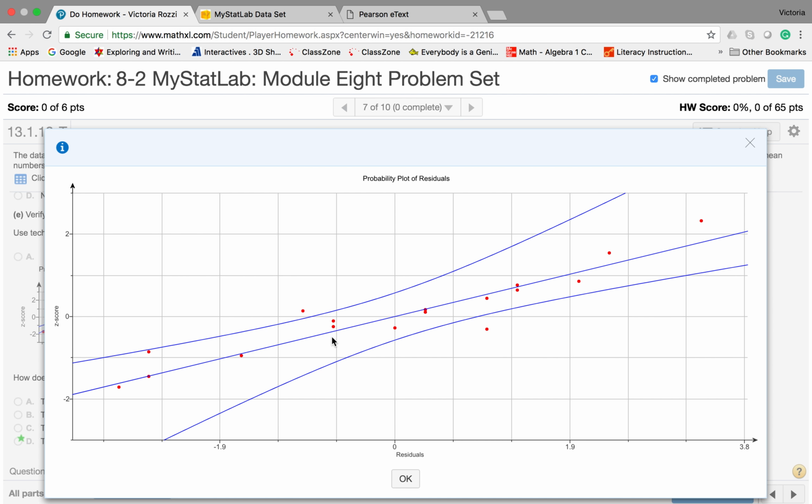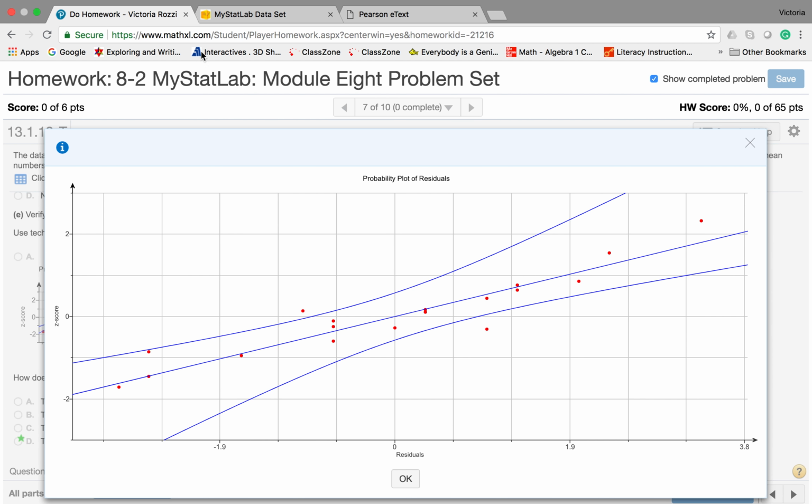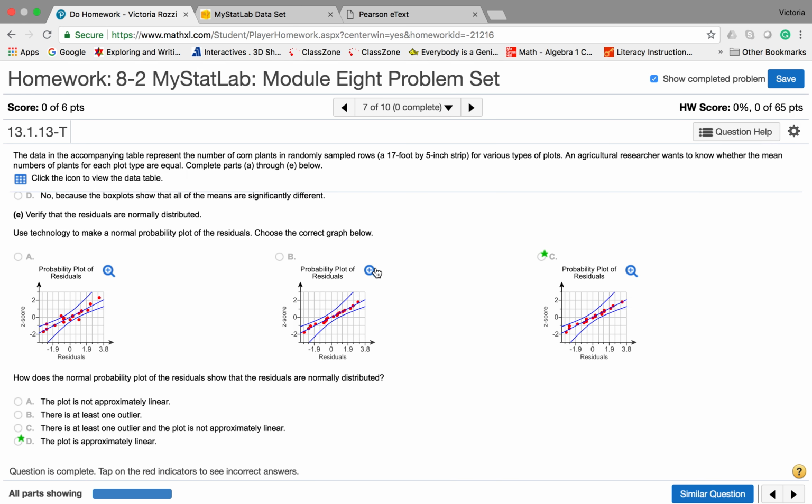It makes me think that that might be it. But let's see, negative 1.9. This is close to 0. Let me look here. No, that's not near negative 1.9 at all, is it? That's near negative 0.5, or negative 1. Oh, no, that's more. Yeah, that's not going to line up with negative 1.9. Okay, so that's not going to be it.